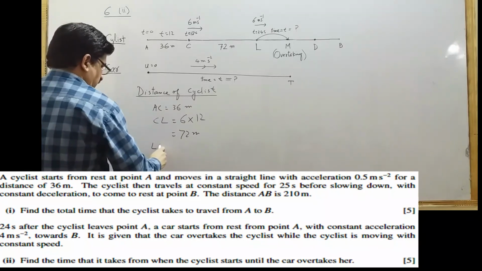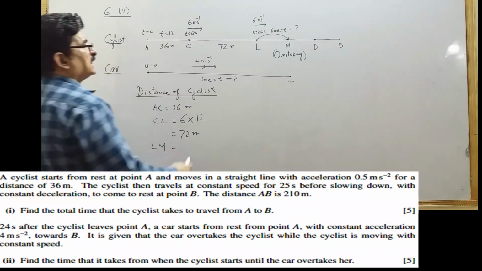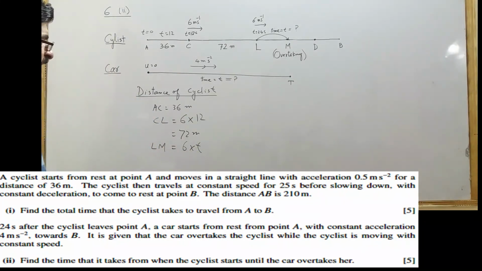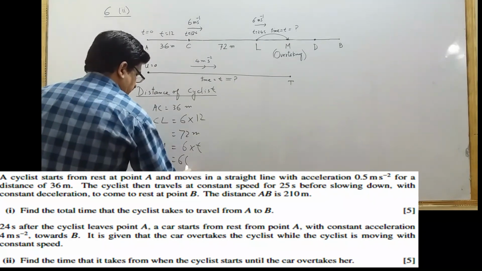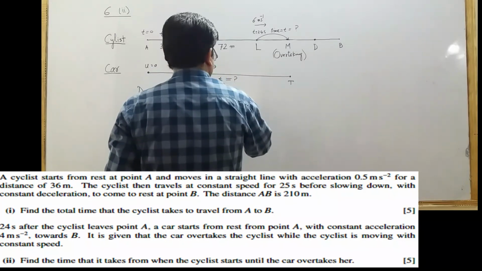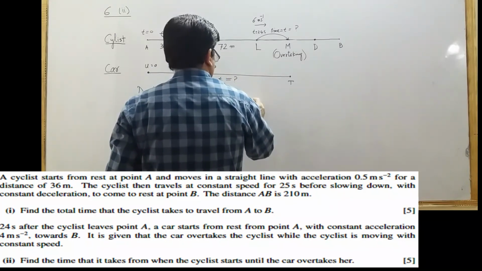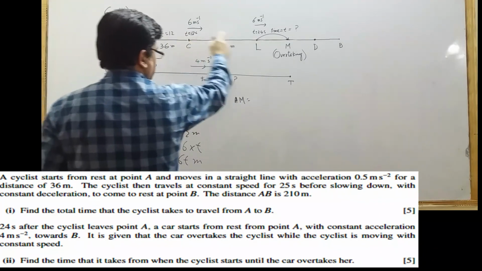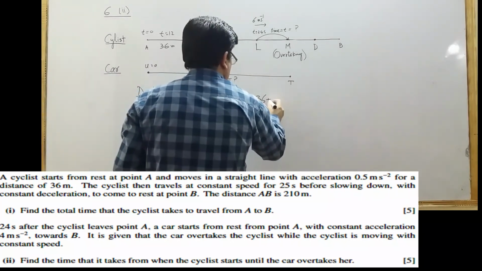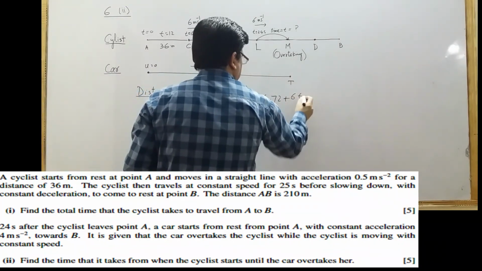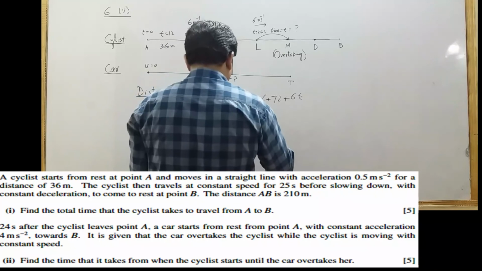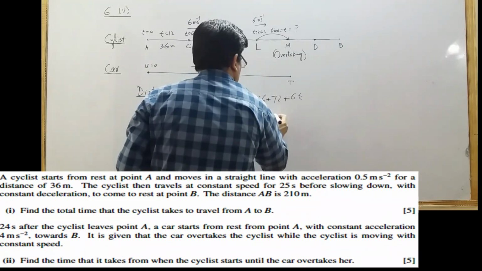So the distance LM for the cyclist will be 6t, because time is t seconds and velocity is constant, 6t meters. So the total distance, which is AM, is equal to AC plus CL plus LM. You add these, 36 plus 72 plus 6t, and this is equal to 108 plus 6t.